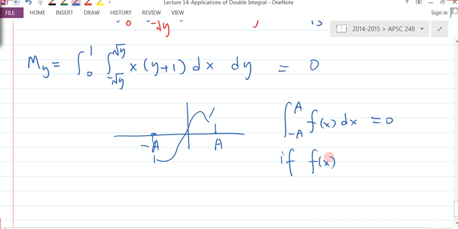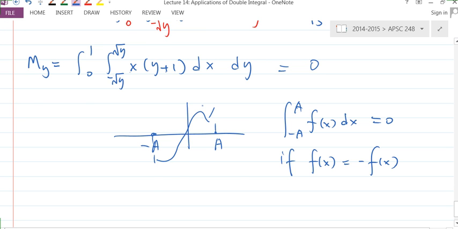If f of x is a so-called odd function, meaning f of negative x equals negative f of x. Basically the area is negative and positive, they cancel each other, and you get 0 area.